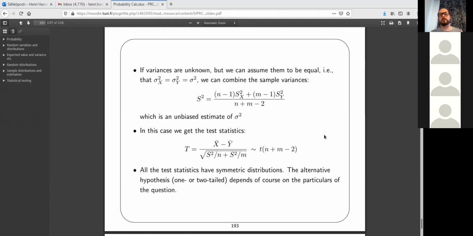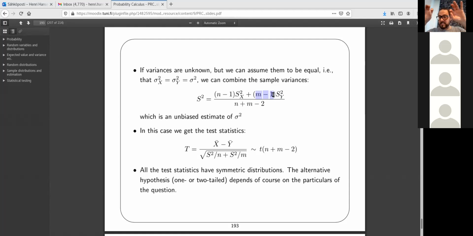So if the variances are the same but unknown, then we can calculate the joint sample variance, in which case we normalize this. The divisor for this S of x would be n minus 1. We multiply this first with n minus 1. Then we take the S of y, and we multiply this by m minus 1.